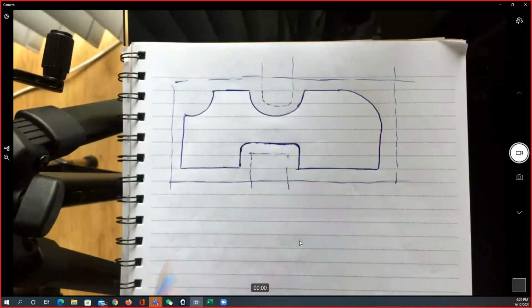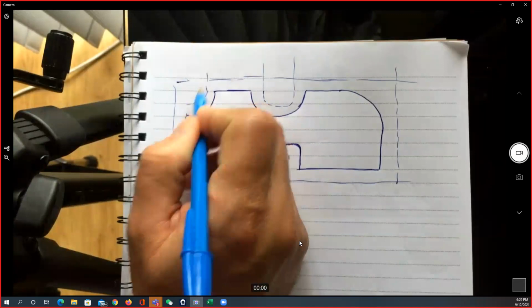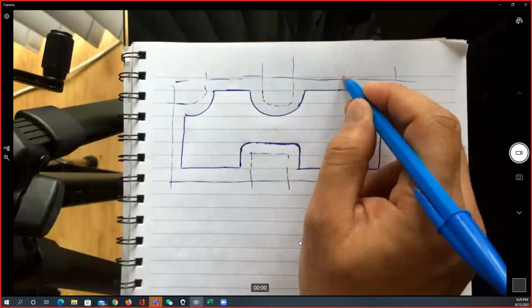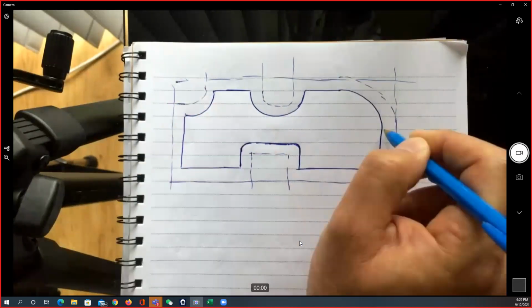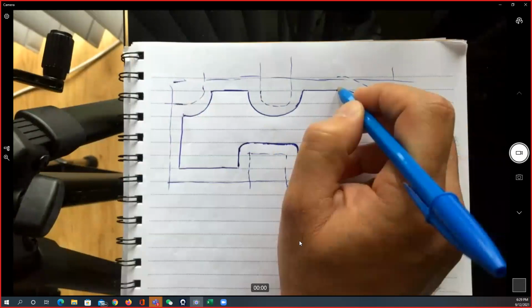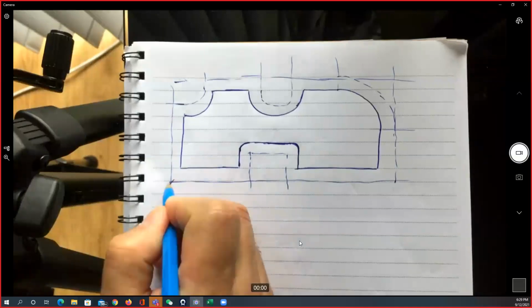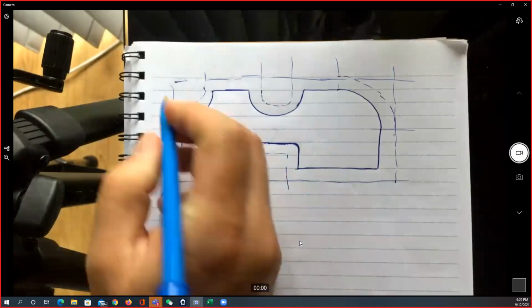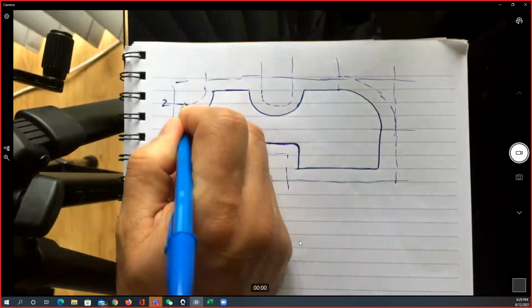Okay, so I got the points here. And I'm going to consider myself as the machine, and I will try to move between the points as driving. So these are the points. I'm going to go from this point, which is going to be point number 1. Point number 2. This will be point number 3.